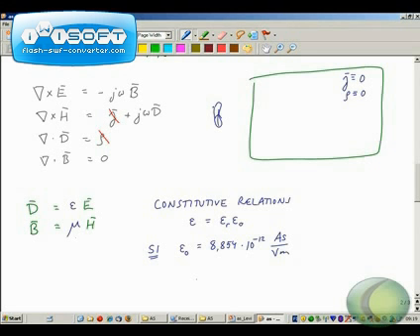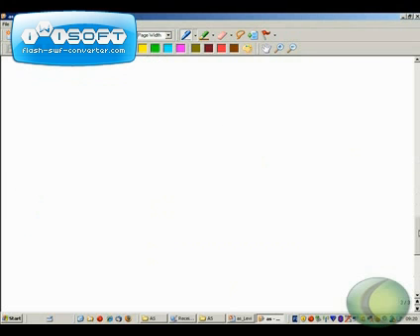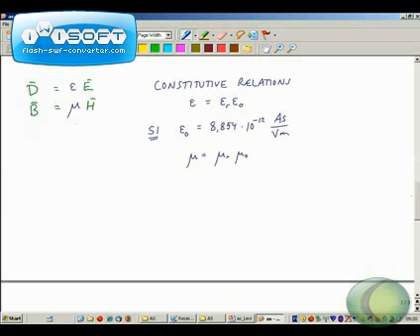Mu would have the relative permeability, where mu 0 is another constant, and that is a very exact constant. This is just a bit inconvenient to play with.